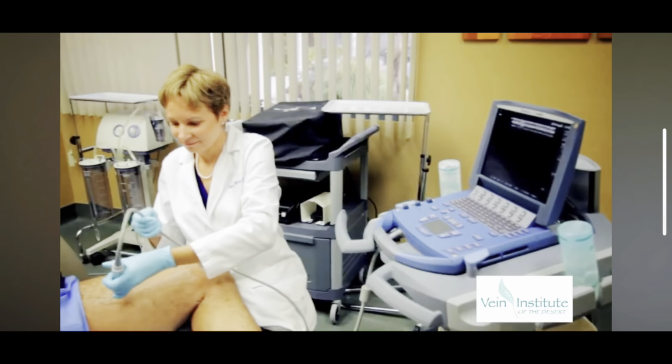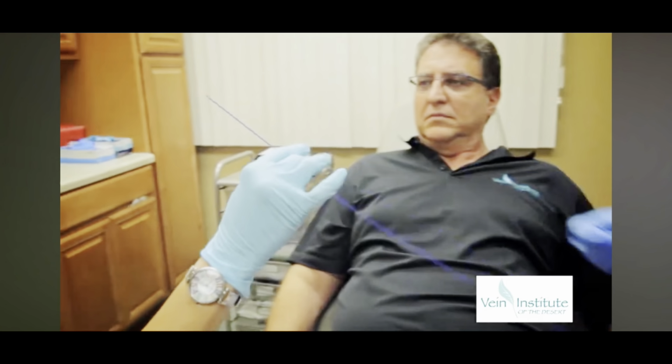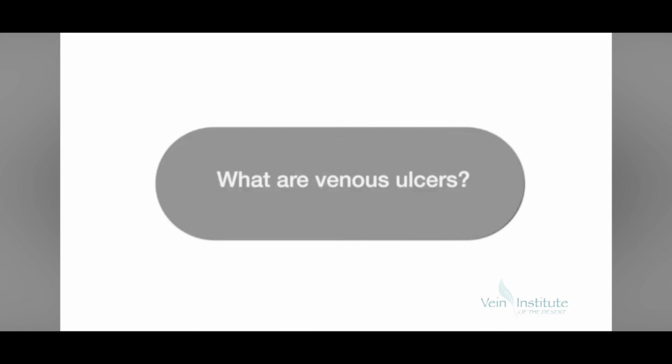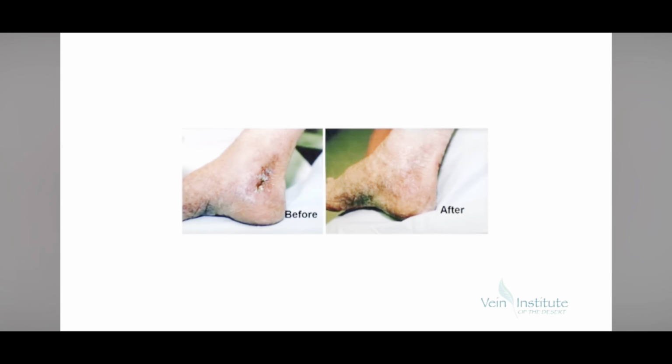I'm Dr. Joan Warren. I've been in private practice doing phlebology, the branch of medicine that deals with veins and diseases of the veins, for over 13 years. What are venous ulcers? Ulcers, often painful, are wounds usually located by the ankles that are caused by abnormal pressure from diseased veins that cannot adequately transport blood back to the heart.